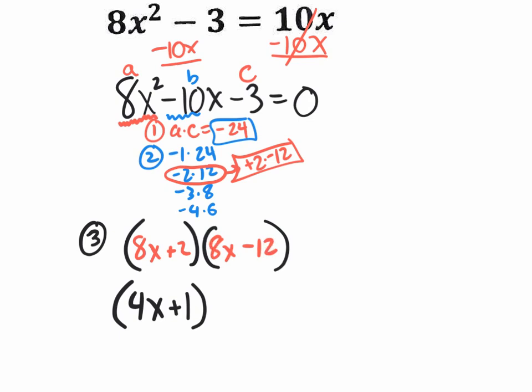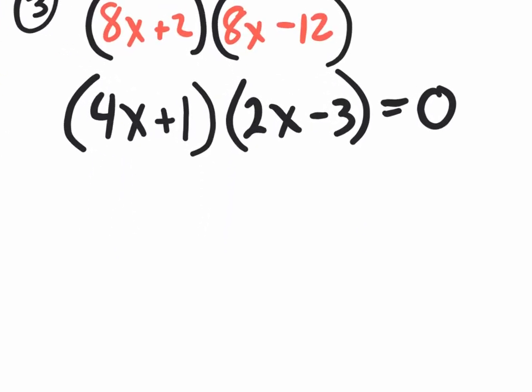So I'm going to divide by 4, and I'll get a 2x minus 3. This is completely factored. We're done factoring, but it's still an equation with an equal 0, so I still need to bring that down to equal 0. This is probably one of the hardest questions there is on the test.